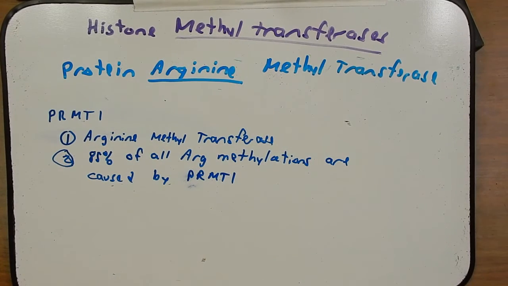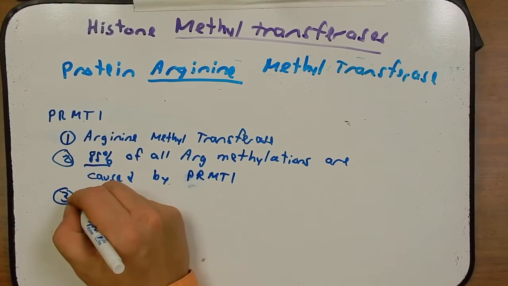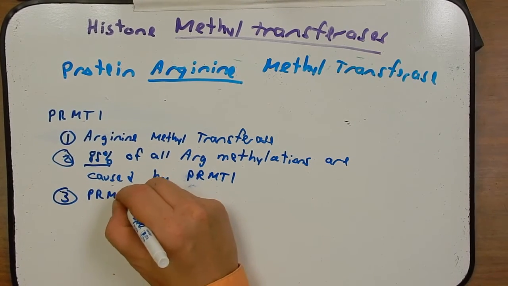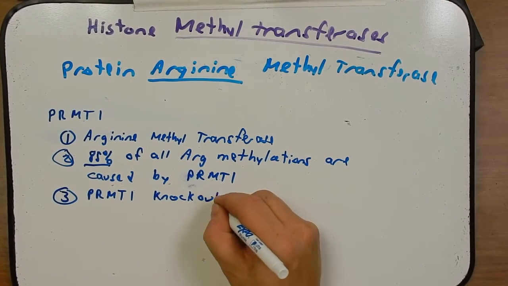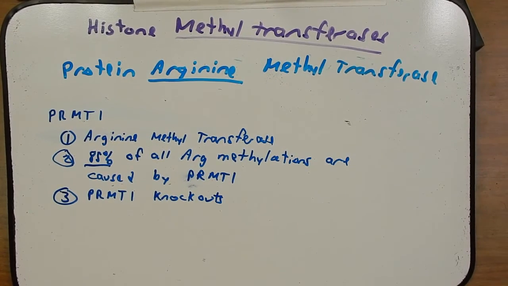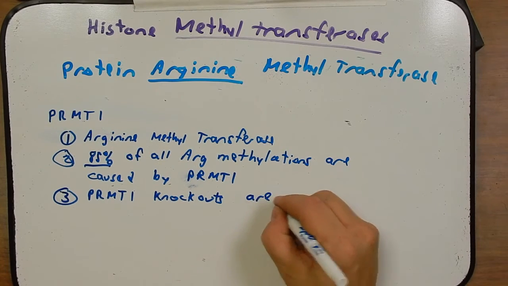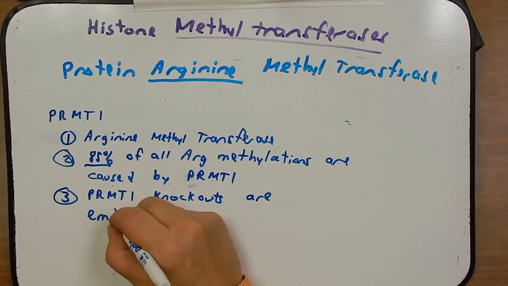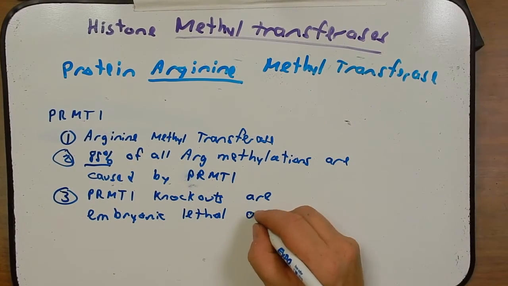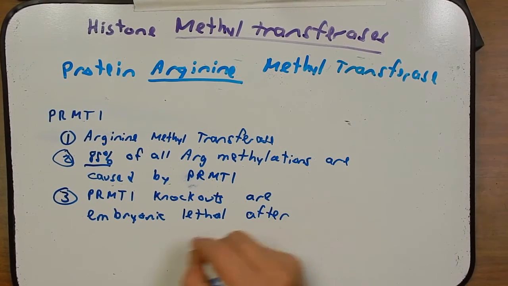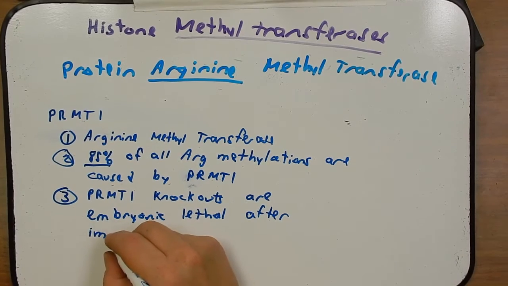Doesn't mean it's the most important, it just means it does a lot. And lastly, I want you to know that PRMT1 knockouts, so when we remove the gene from the genome, are embryonic lethal after implantation. So shortly after it implants, the embryo dies.